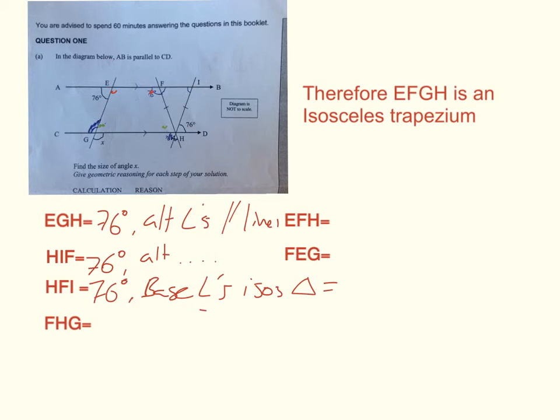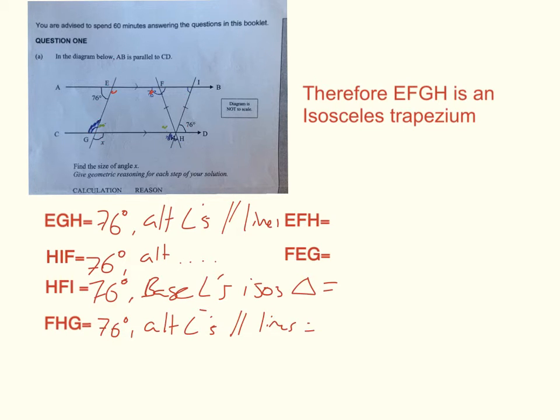Then the last one I need to do is angle FHG. FHG will be 76 degrees because alternate angles in parallel lines are equal.